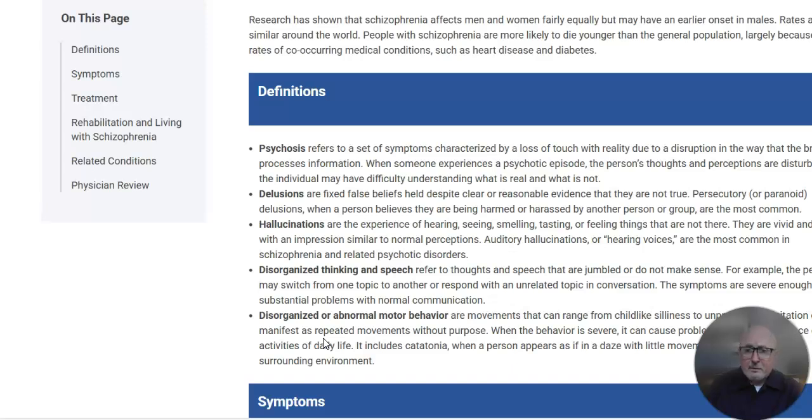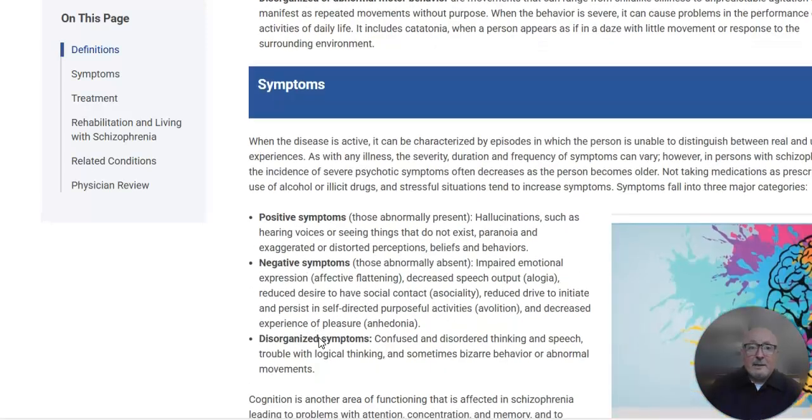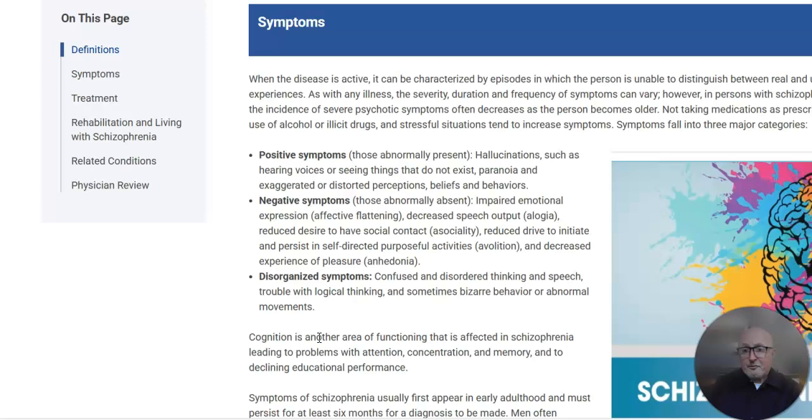Also, their behavior might be very disorganized, or their movements might appear to be very different or bizarre as compared to other people in a similar environment. So again, you can go look at this more, but these are really the core criteria of schizophrenia, and then it gets into more discussion here, which I did in the lecture videos.